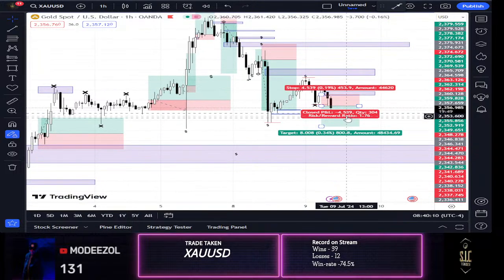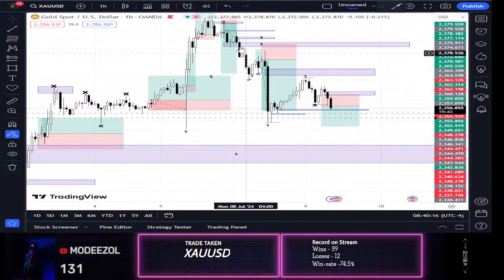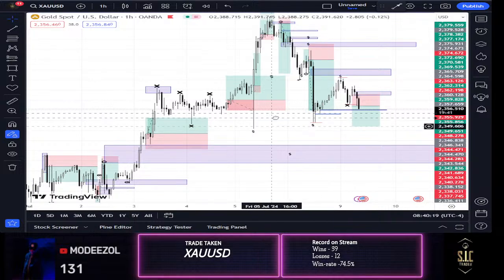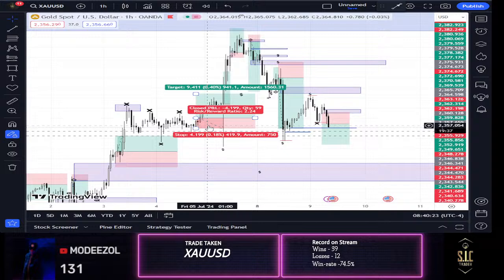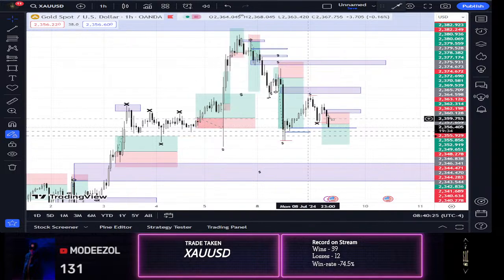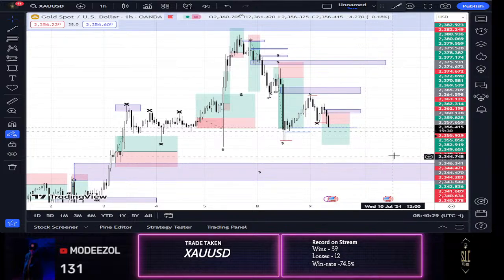Strong chance. Never forgetting what's above here. But just looking at this overall market, this is definitely moving down, and we're going to get down here. I'm going to hold this trade.